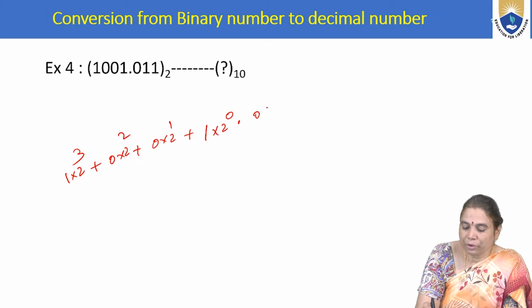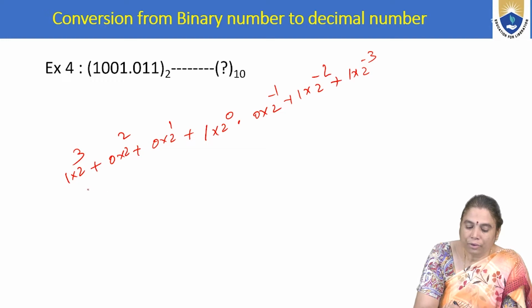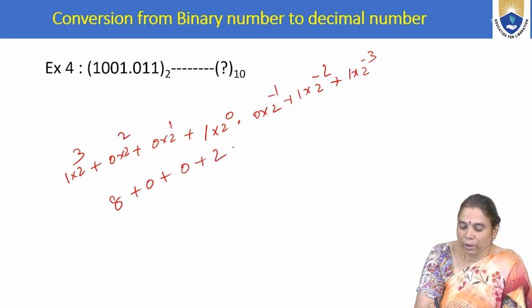Next 0 into 2 power minus 1 plus 1 into 2 power minus 2 plus 1 into 2 power minus 3. So here 2 cube into 1 is 8, this is 0 and this is 0 and this is 2. And here it is 0 plus 0.25 plus 0.125.